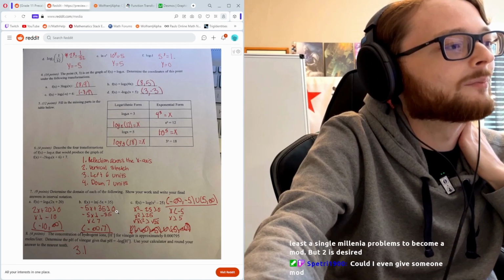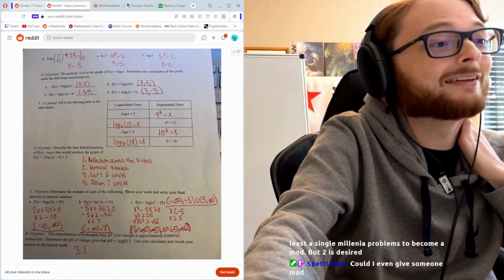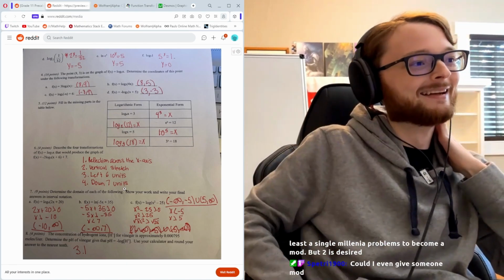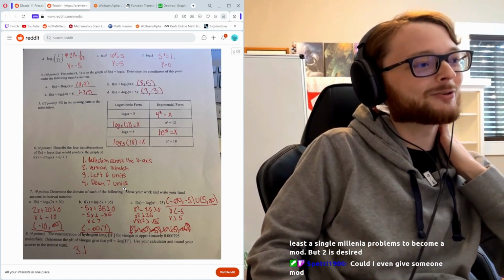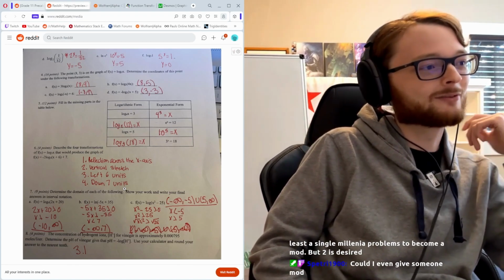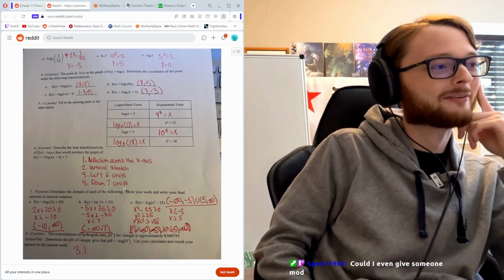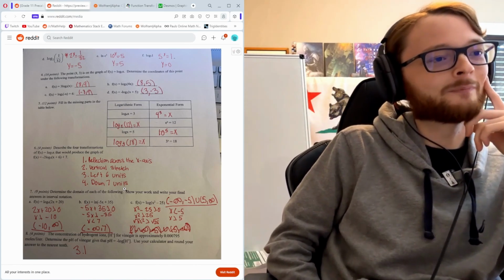So at least a single mod would be good, but 2 is desired. Yeah, ideally you do too. I doubt you could Spectre. You could try it, just like do /mod and then Druha, I guess. I doubt it'll give you permission.